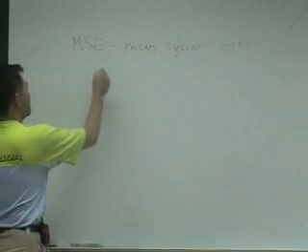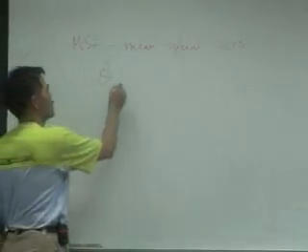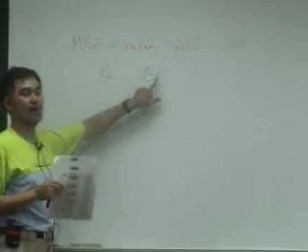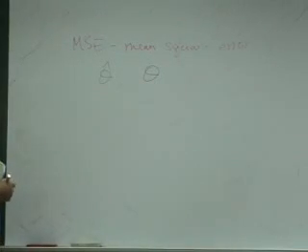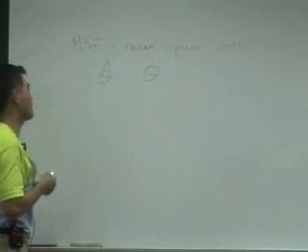So let us say the estimator is equal to theta hat, and the true value is equal to theta. And so we have to find out the MSE for these estimators. And what is that?